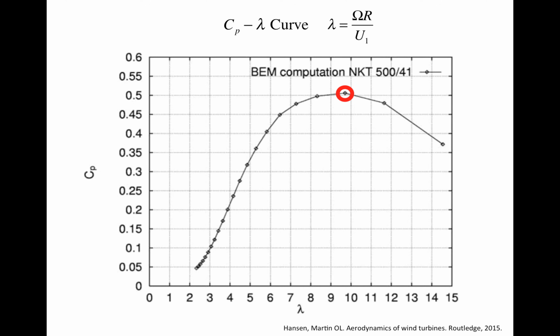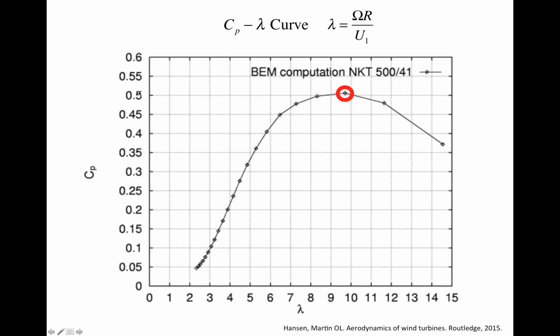In fact, the Cp-lambda curve is quite similar to the power curve, with two exceptions. One is that the horizontal axis is not the free stream wind speed anymore, but the ratio between the linear speed at the tip of the blade and the free stream wind speed. And the other difference is the vertical axis.